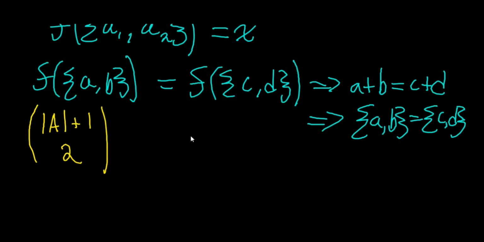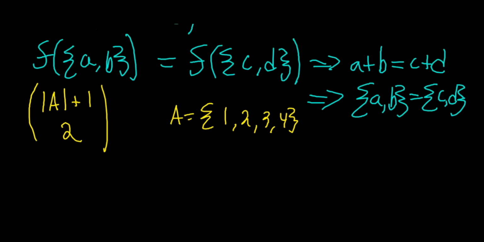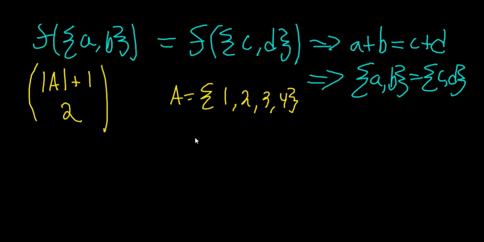And let me give a quick sketch of this argument. If A was equal to, say, for simplicity, {1, 2, 3, 4}, then the number of multi-subsets of A of size 2 is exactly the number of ways to arrange 2 stars among 3 bars. So if I have 3 dividers, then the space in between each divider represents one of the elements 1, 2, 3, and 4. And the number of stars within each divider represents the multiplicity of that element. So this arrangement of stars and bars represents the multiset {1, 1}.